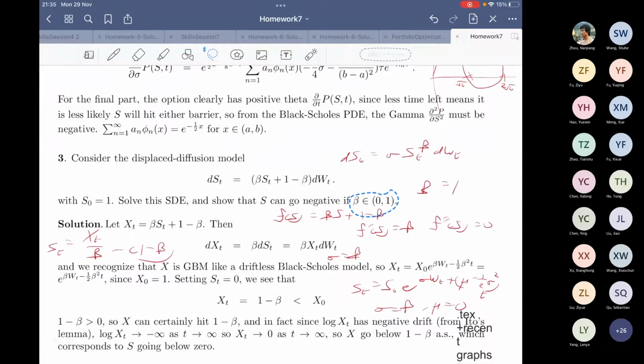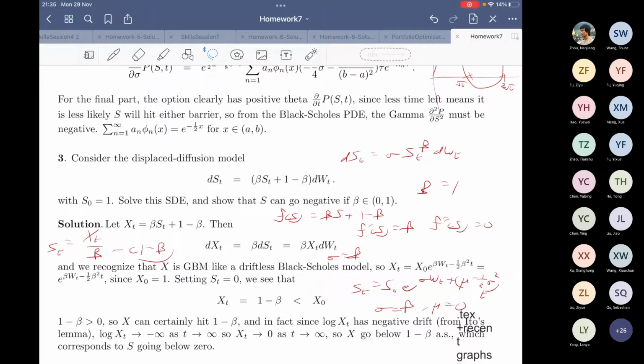So let's consider the possibility that s might go negative. If s hits 0, then we see that xt must be equal to 1 minus beta. So the next question to ask yourself is, well, can x hit 1 minus beta? Well, x0 is 1, and beta we're assuming is in 0, 1. So 1 minus beta is below 1.